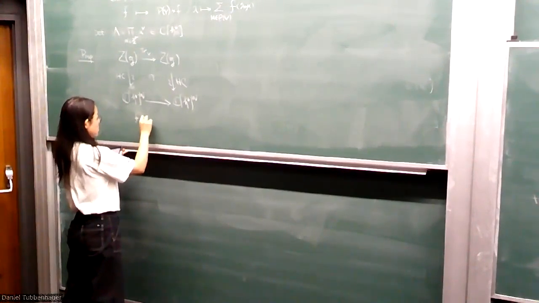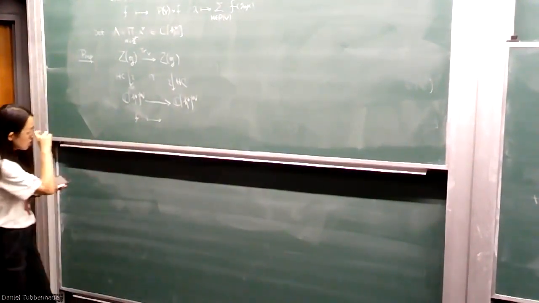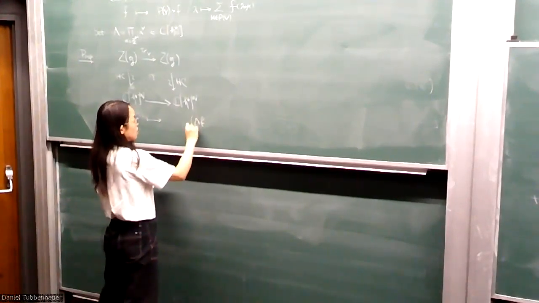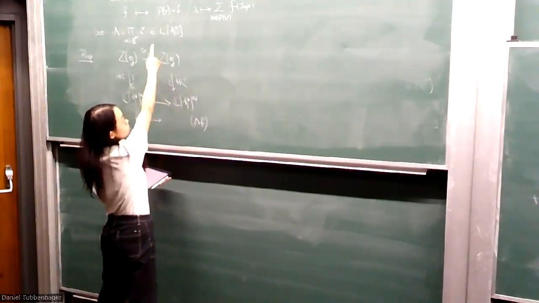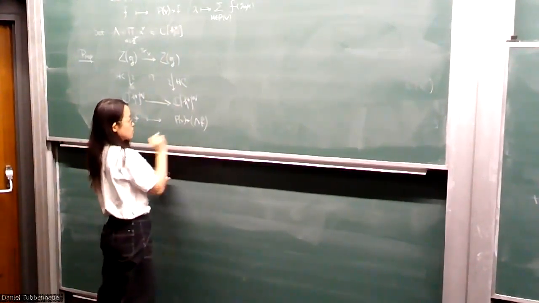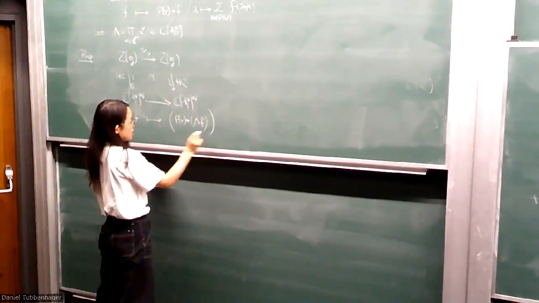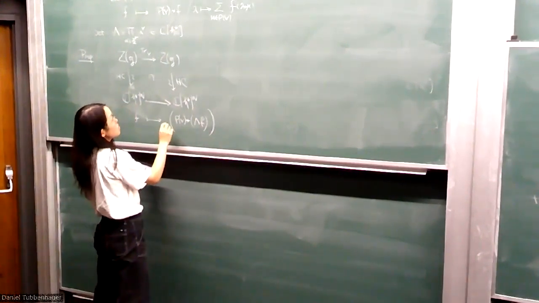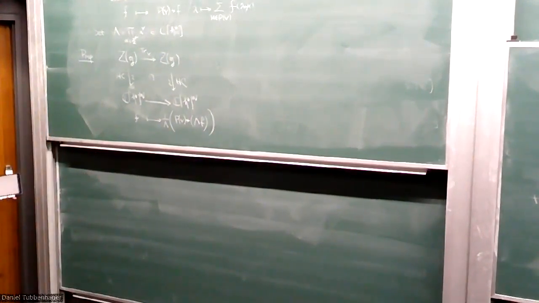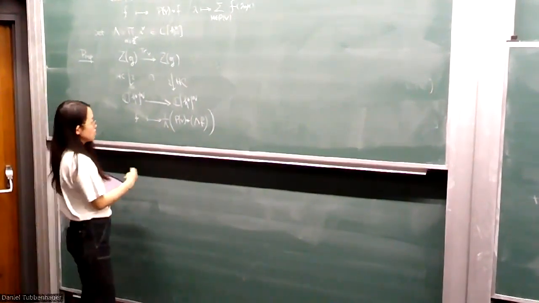It sends the polynomial f to the following. You first multiply by Lambda, and then you apply the star operation. And then this will be divisible by Lambda.